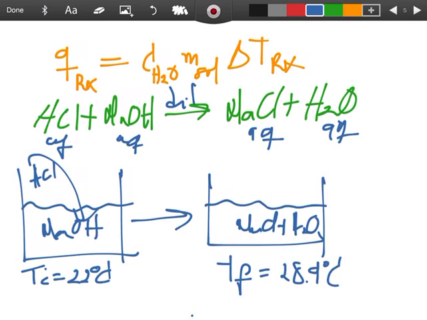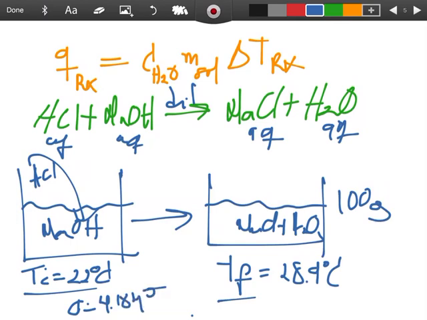Very well. So I have my change of temperatures, right? I measure the mass of this, and I'm going to say that it's going to be, after the reaction, about 100 grams, right? And if I go to one of my books and I look for the specific heat capacity of water, we already know this almost by heart, that it's 4.184 joules over grams and Celsius.